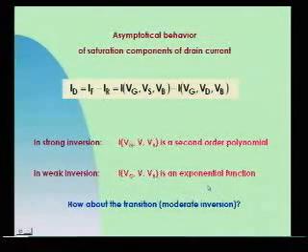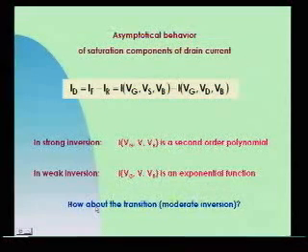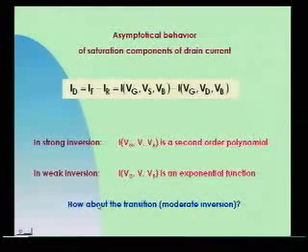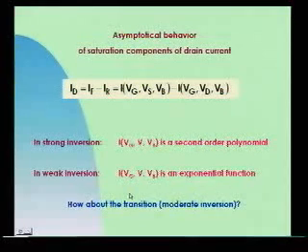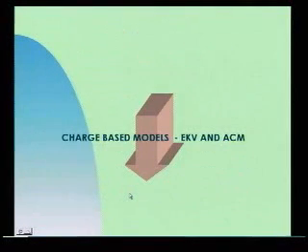And the difference between the models will be in how they approach the moderate inversion, the transition. Okay? And so we will see now how the two models I want to present you, the EKV and the ACM models, do this, how they approach the moderate inversion.